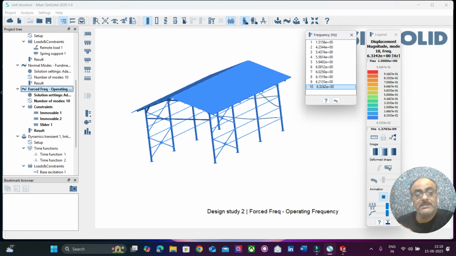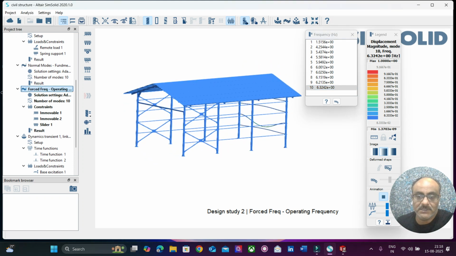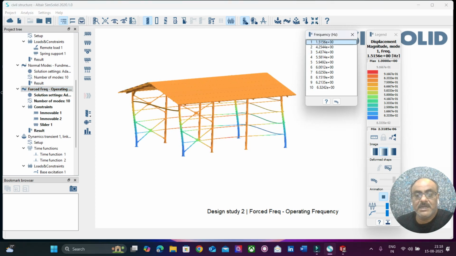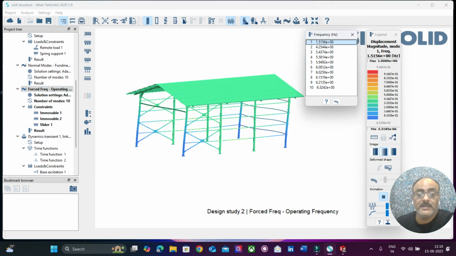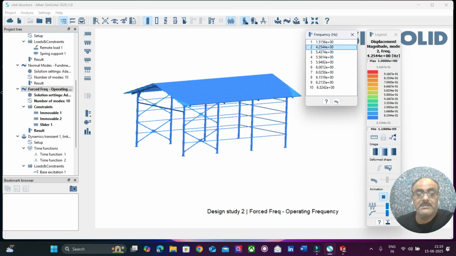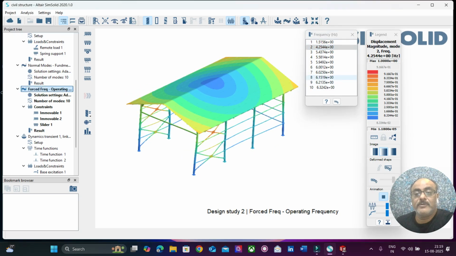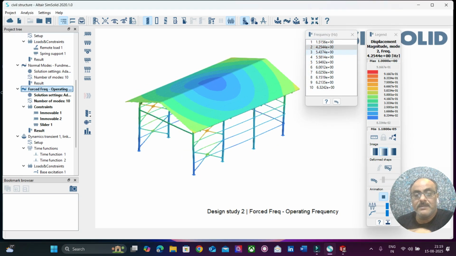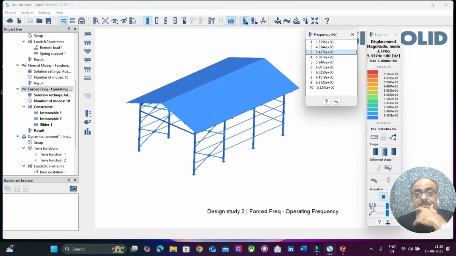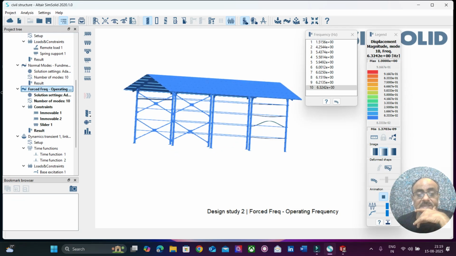Now we will get into the forced vibrations, the forced frequency. Here we find that it starts from 1.5 hertz, 4.25 hertz. So 4.25 hertz is again uniformly distributed. Then 5.4, 5.5, 5.96, all the other frequencies are influencing the other members.